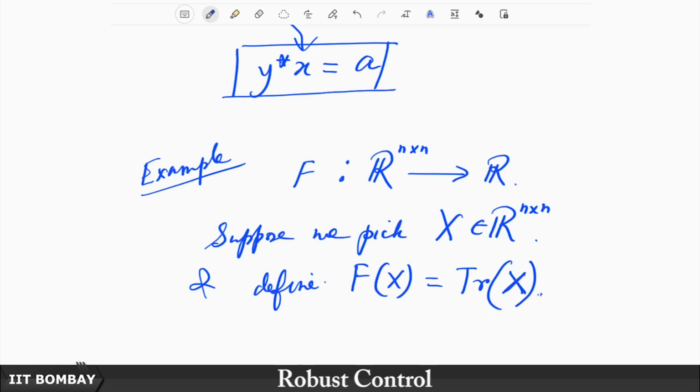Is this a linear functional? You can check, of course, just to refresh your memory, what is a trace of a matrix? Trace of a matrix is the sum of its diagonal entries. It's the algebraic sum of its diagonal entries. That's what the trace of a matrix is.